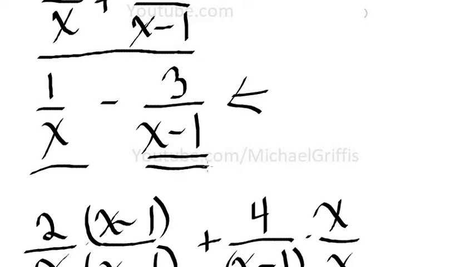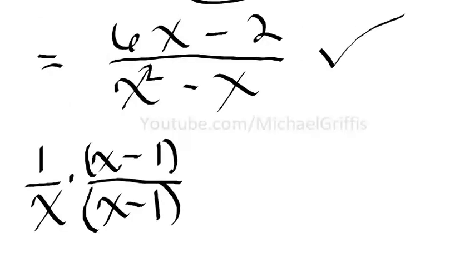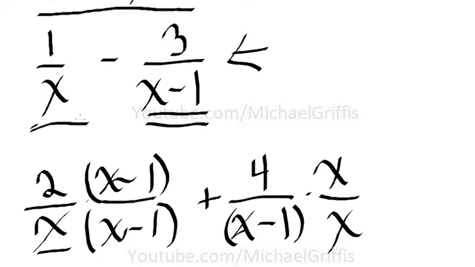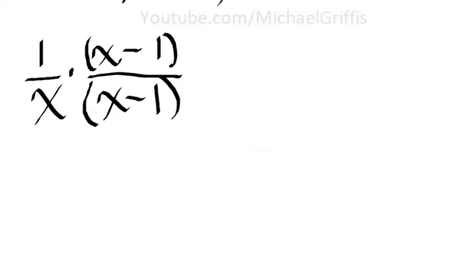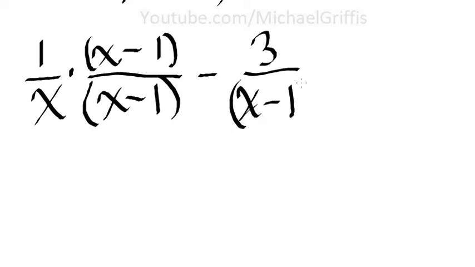Okay, let's go back up. We have a 3 over x minus 1 there. Whoa. We have an x over here. Minus 3 over x minus 1. Let's put parentheses around this. Now, because of this x, we're going to write x over x.